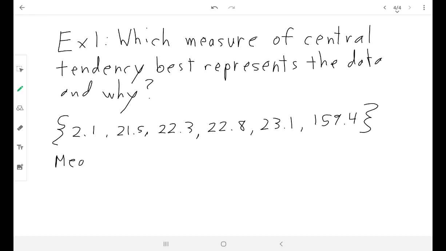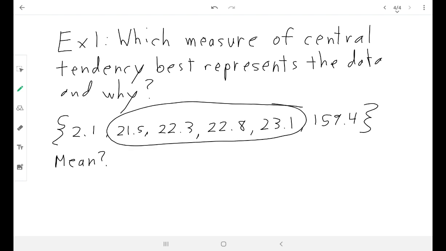What about the mean, the average? Well, if you look at this, look over here, we got this 2.1, and over here we've got this 159.4. And in between those, all the rest of these are 21, 22, 23.